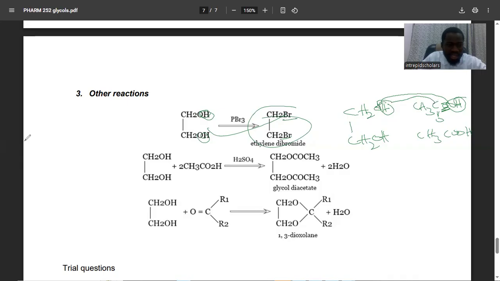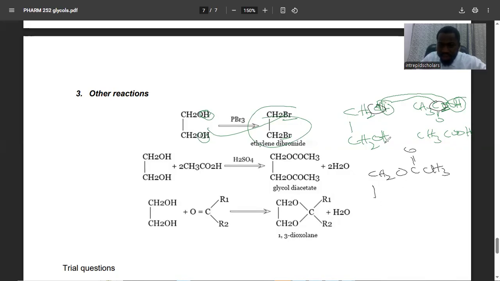Let me change the ink. The actual bond is between this carbon and then this oxygen, right? And so if I'm writing the product for the top, I would have CH2O. Now, if you want to be technical, it's C double bond O, CH3, right? Down there, I will not be technical.